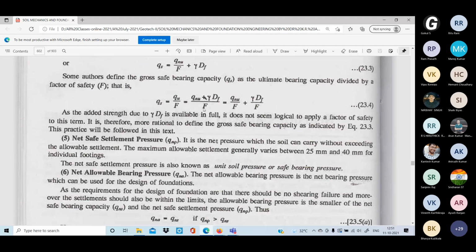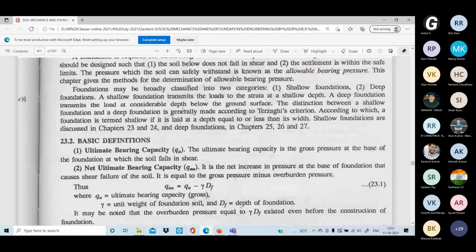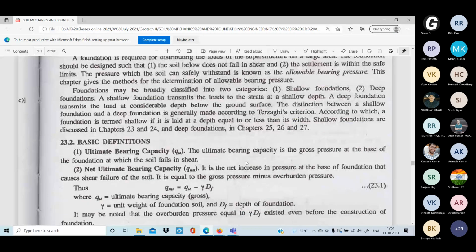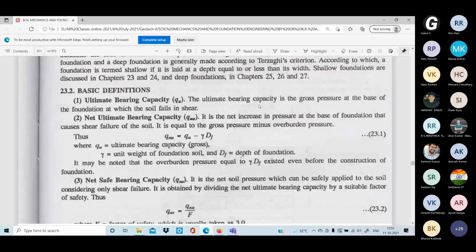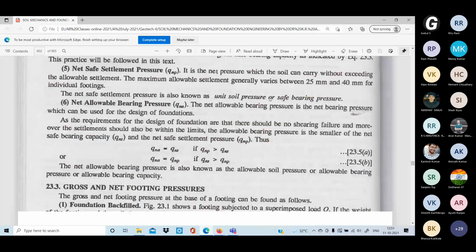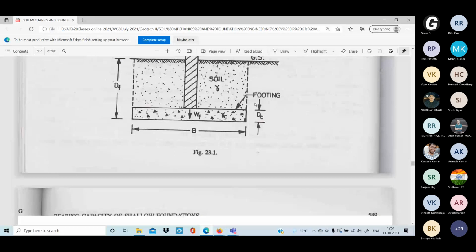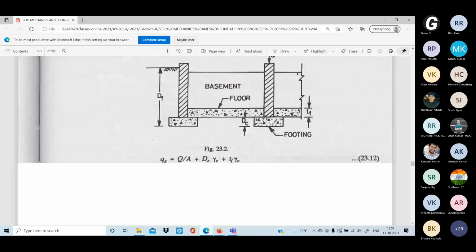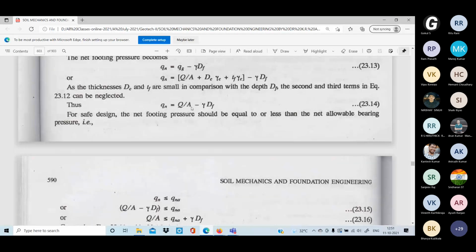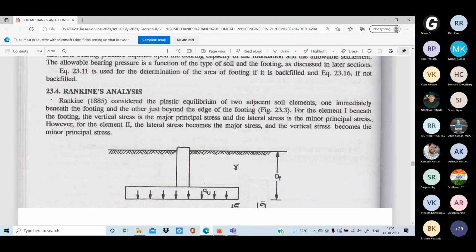Gross bearing capacity. These definitions are very important. Basic definitions are very important. After that, we saw how to find the gross and net. You subtract gamma Df, that is what is shown here: minus gamma Df you get the net ultimate bearing capacity.